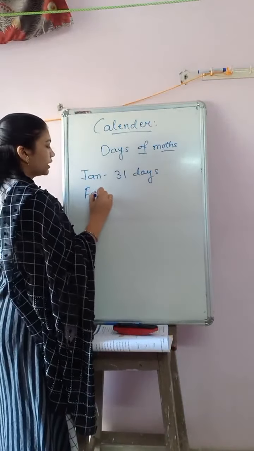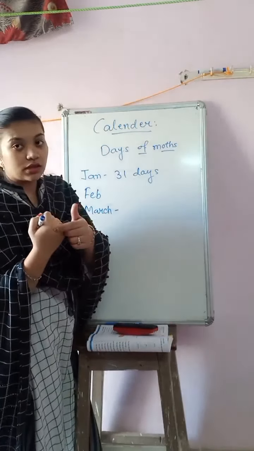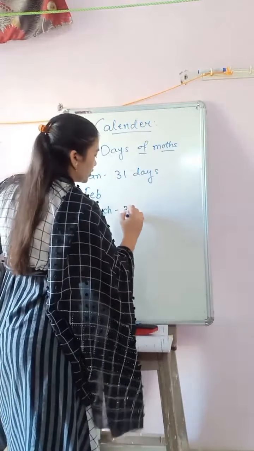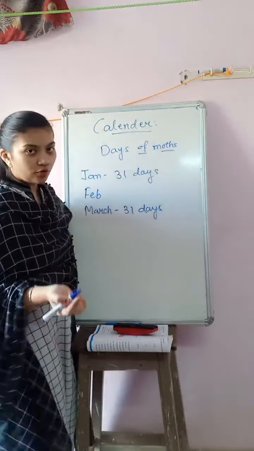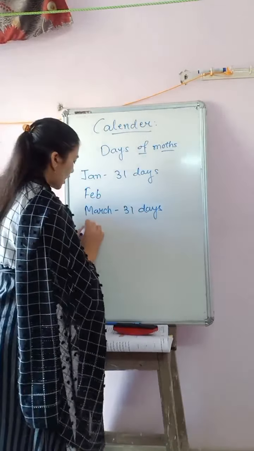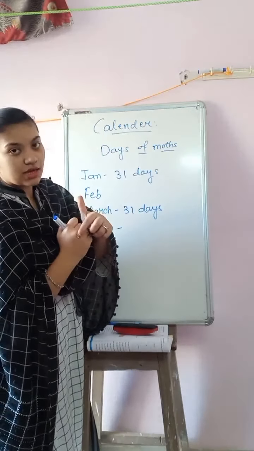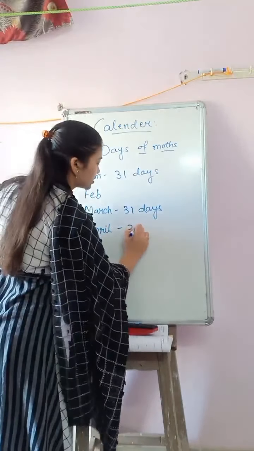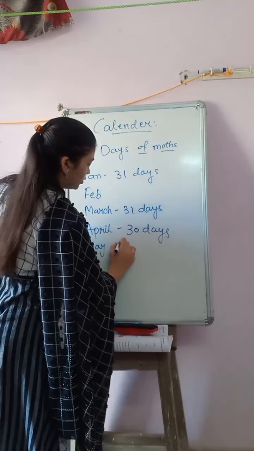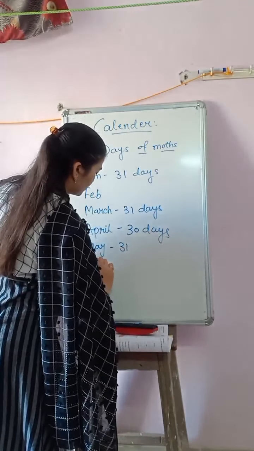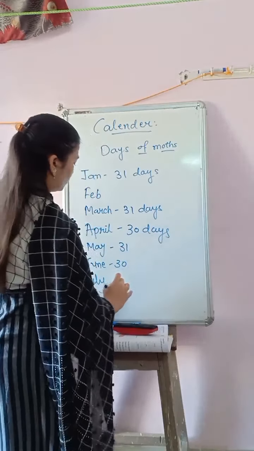फिर फरवरी के लिए मैं अभी फरवरी को छोड़ रही हूँ. I am taking March directly. March is again a hard portion, that is 31 days. अगर हार्ड पोर्शन आ रहा है तो 31 days, सॉफ्ट पोर्शन आ रहा है मीन्स 30 days. अप्रैल, यहाँ पे आएगा तो 30 days. Like that, May 31, June 30, July 31.